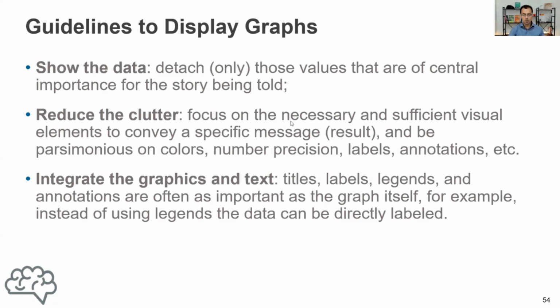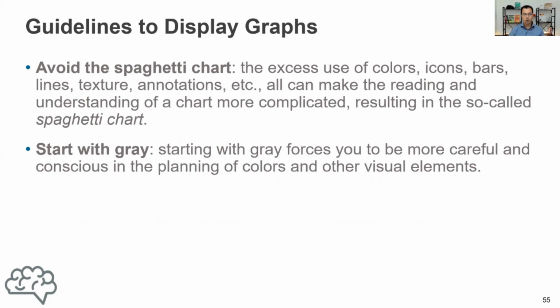In many cases, it's also important to integrate graphs and text. For example, instead of using a separate legend, you can include the legend in the graph itself. Try and avoid what we call the spaghetti chart. And this spaghetti chart is the one that has an excessive amount of colors, icons, bars, texture.